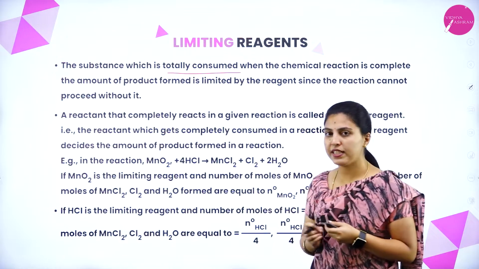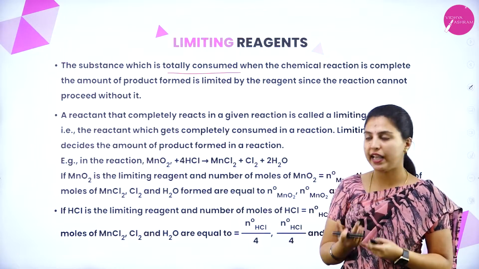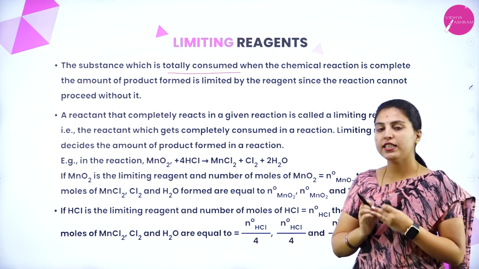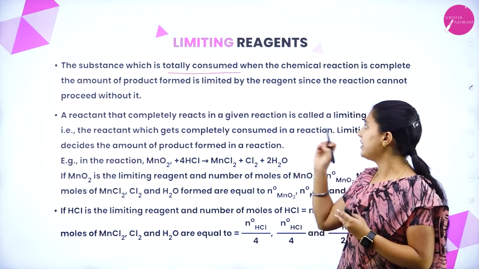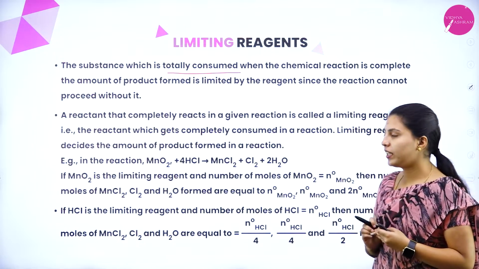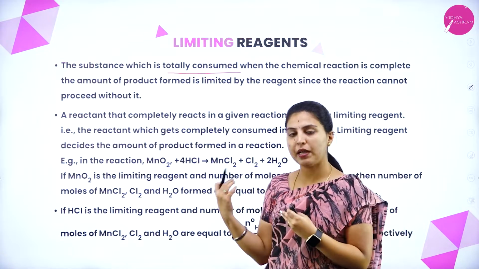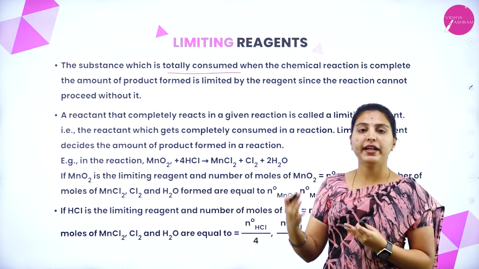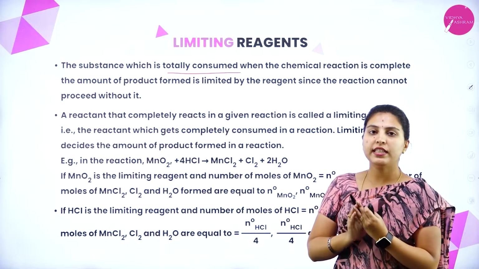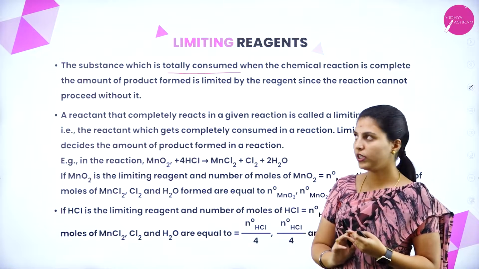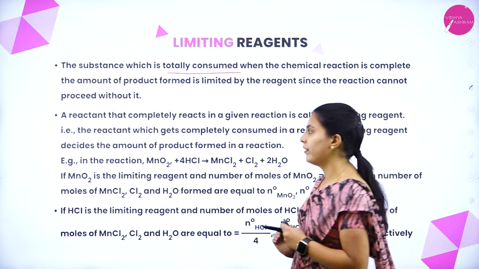Whatever substance is totally consumed by the reaction, when the complete amount of product is formed, means limited by the reagent. The chemical reaction cannot proceed without the limiting reagent. By using limiting reagent, the product will be given in a limited way also. Those are the properties of limiting reagent.